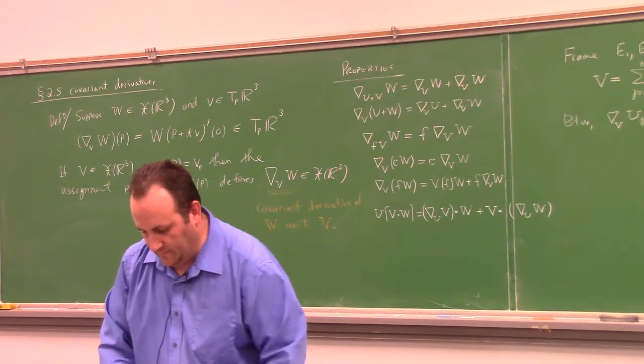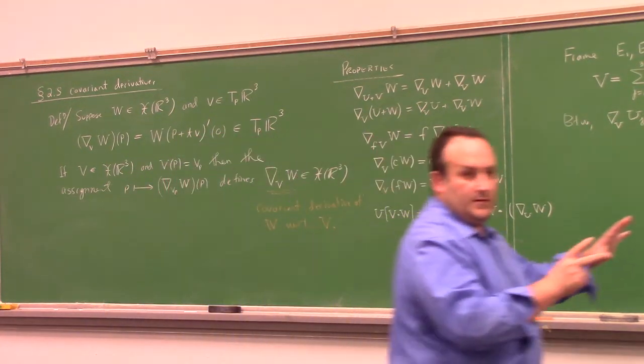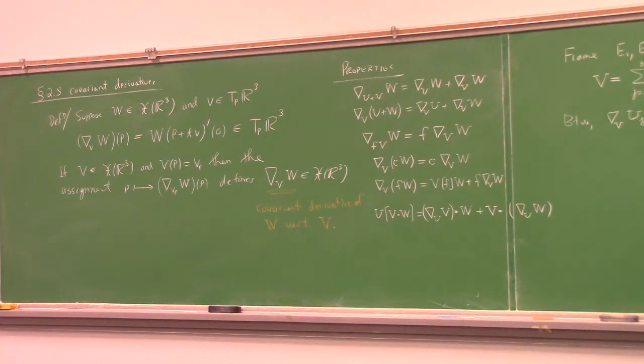So we have right here the formula for the covariant derivative done in the Cartesian frame. What I'm trying to get at here is what would the similar formula look like for the non-Cartesian frame?